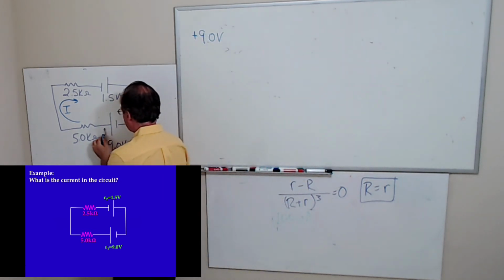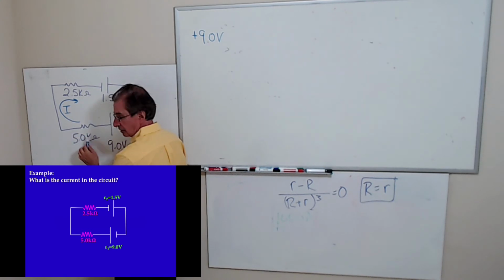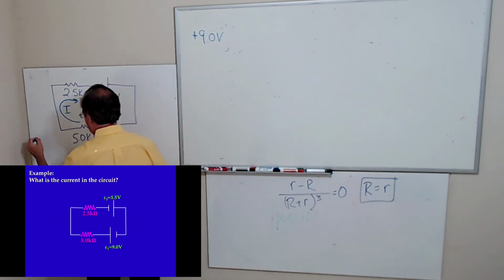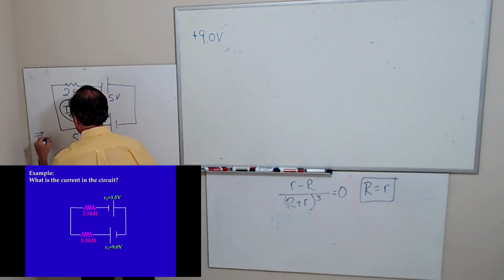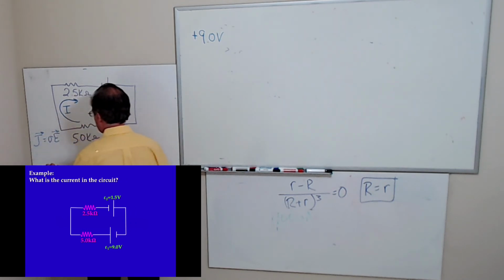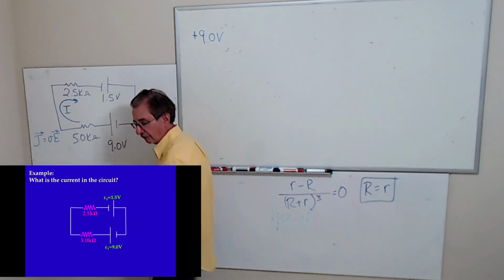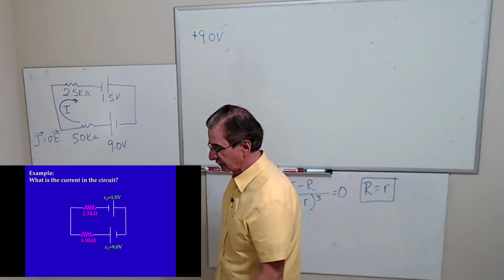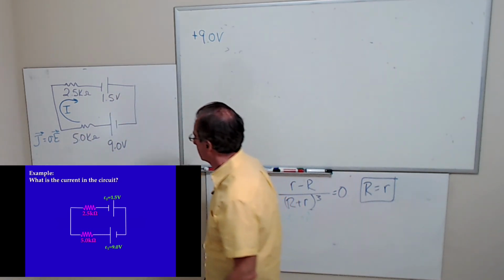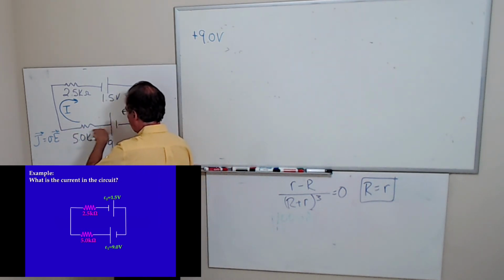So now the current goes to the resistor. Remember that J equals sigma E, that the current is in the direction of the electric field. And the electric field points in the direction of decreasing voltage. So if I count this way, then my voltage drops.